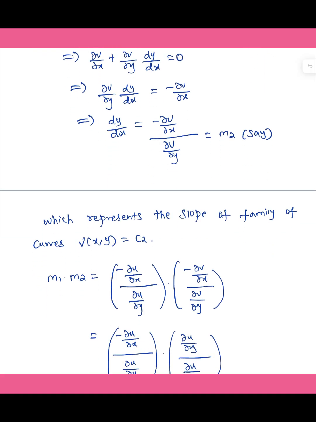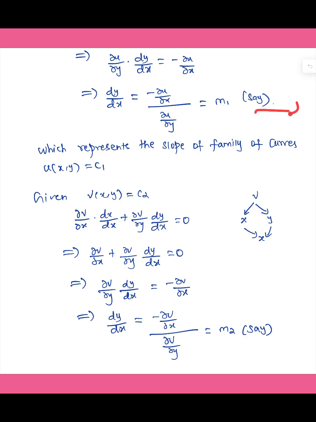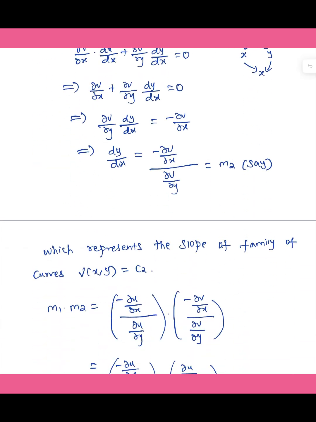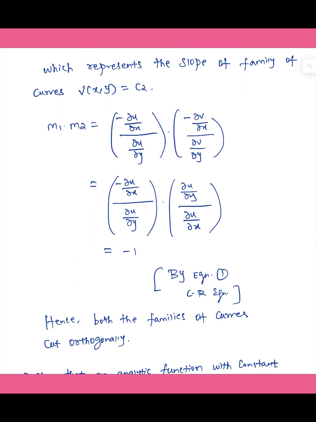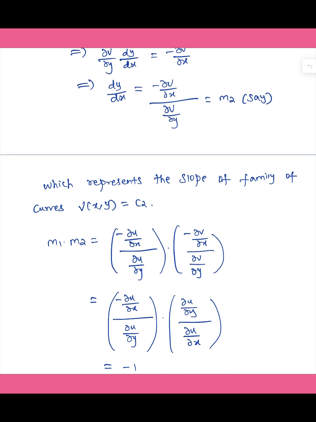Now you know the orthogonal condition: m1 m2 should be equal to minus 1, and we have to prove that. m1 is minus dou u by dou x by dou u by dou y, and m2 is minus dou v by dou x by dou v by dou y.